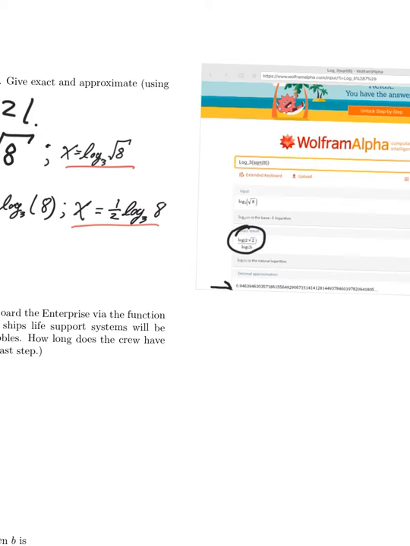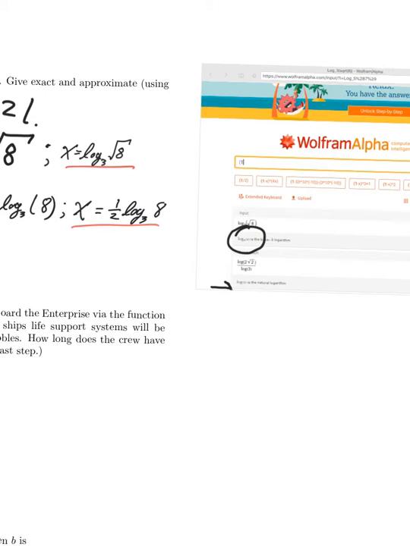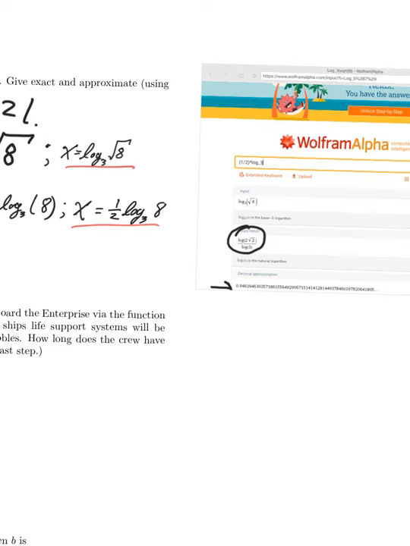Let's try the other option, which hopefully will give us the same value. Parenthesis, 1 over 2, close parenthesis, times the log base 3 of 8.